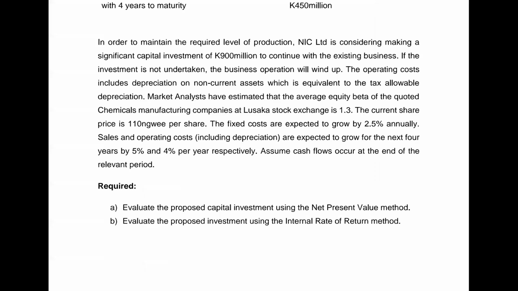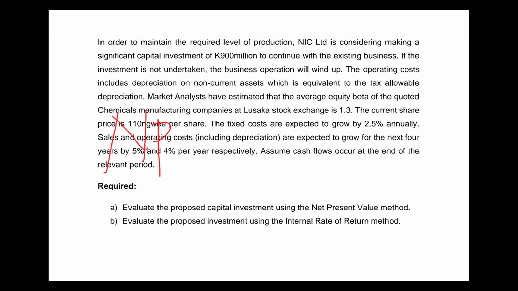Yes, so I was saying that the question is requiring you to assess the viability of the project using net present value. How do we go about using the net present value? Net present value is found by the negative cost of the investment plus the sum of all the present values of the future cash flows.